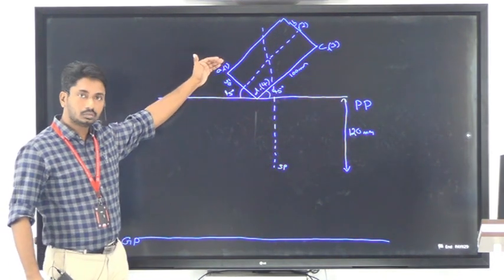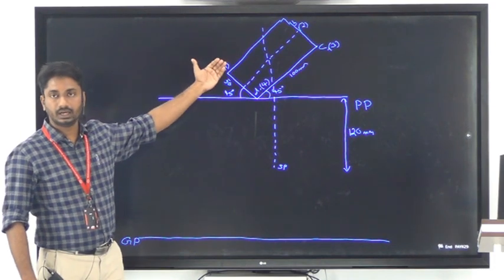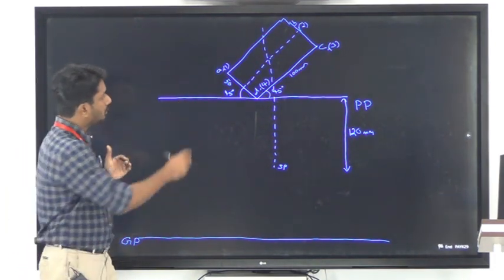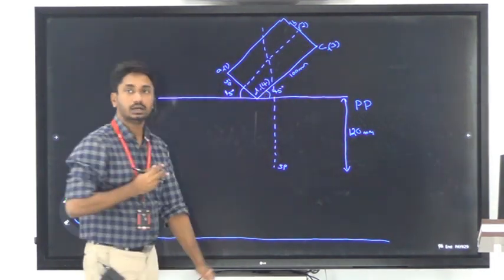Here all the top corners will be visible in top view and all the bottom corners will be invisible in top view. So the bottom corners 1, 2, 3 and 4 are given in brackets.